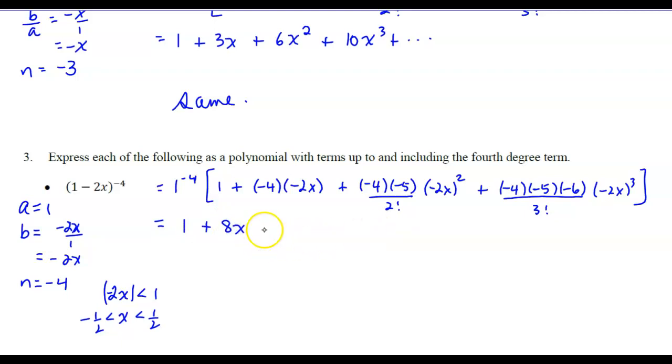Okay, so this will be a positive 2, that's 10. No, sorry. 20 over 2 is 10 times 4 is 40. 20 times 8 is 160.